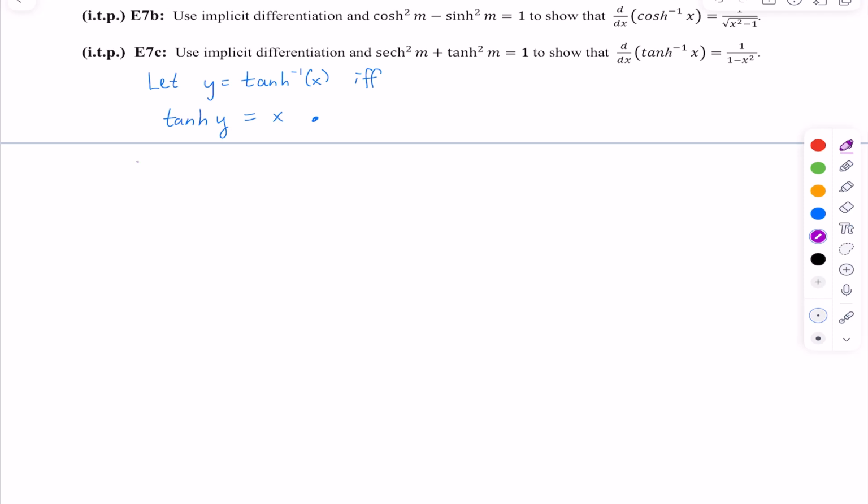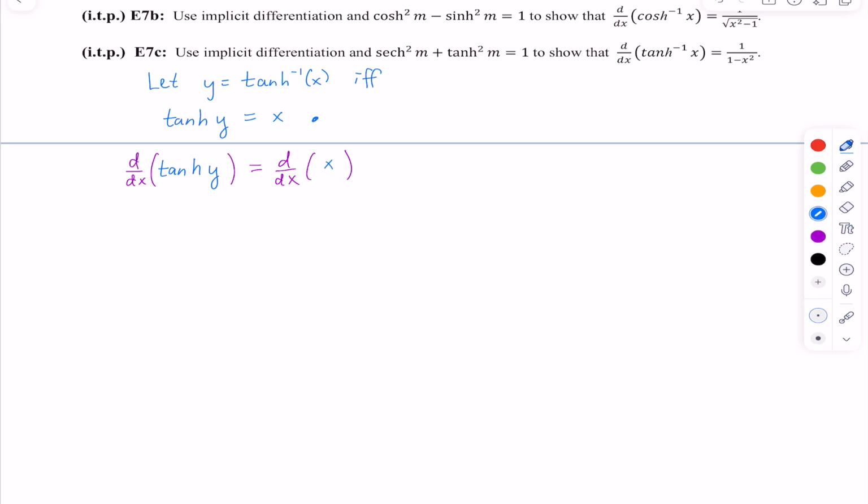From here, we're going to implicit differentiate with respect to x. You got to remember y is a function of x. So in this particular case, we're going to see a composition of functions and we're going to need a chain rule.